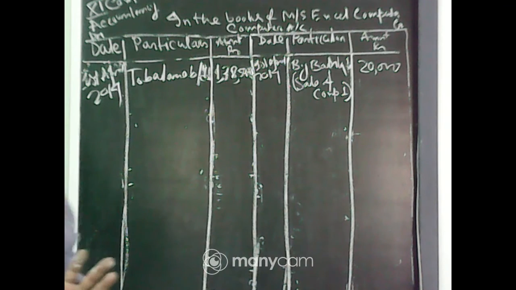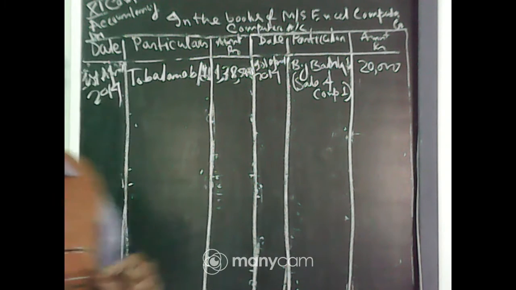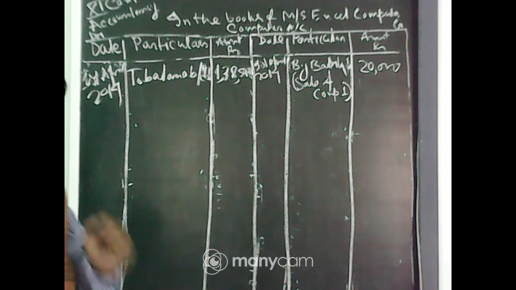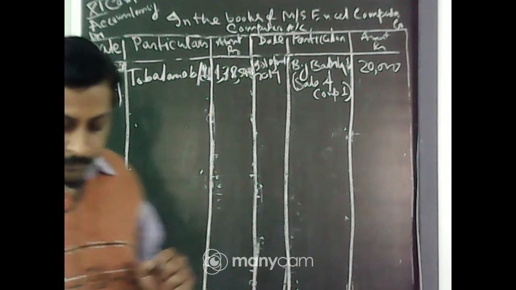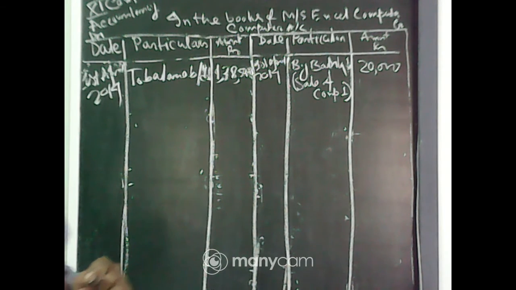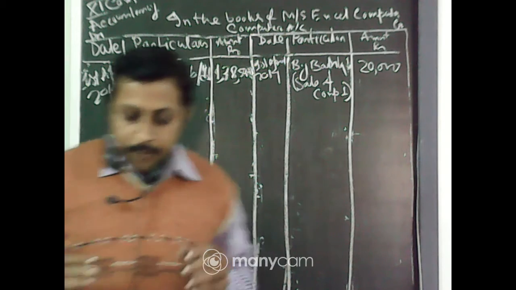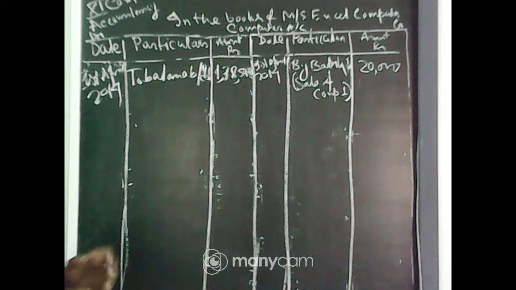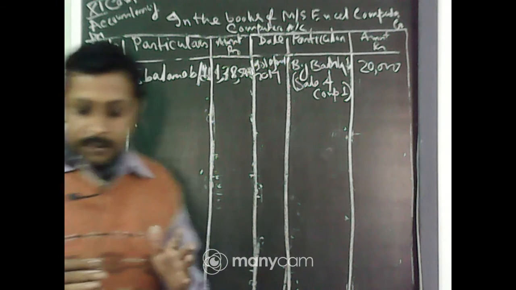Now, on selling this for 20,000, you have to reveal whether there is any profit or loss after selling this computer. Very carefully listen to me and see what will actually happen. Now you have to make a working. What is the working? The calculation of profit and loss on sale of the computer which was purchased on 1st July 2010.